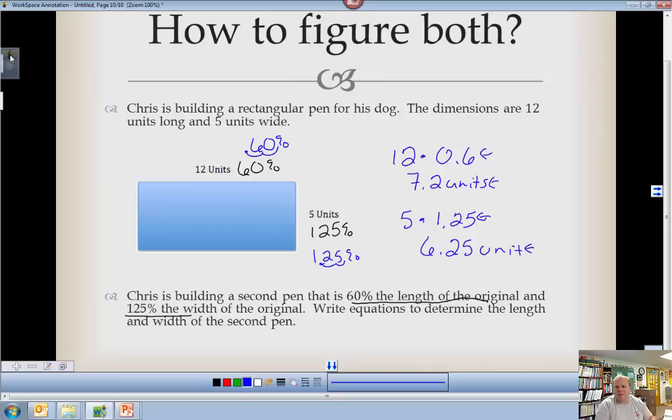If it's less than 100% or the fraction is less than 1, it's going to be a reduction. Most of the time you're going to enlarge or decrease by the same scale factor. There's not a lot of times you're going to have two different scale factors like you have here. But if you do, they're going to tell you. If they just tell you one scale factor, then you're going to do it to every measurement.